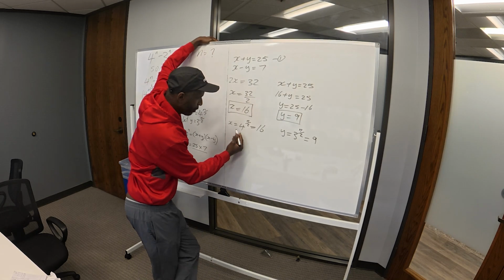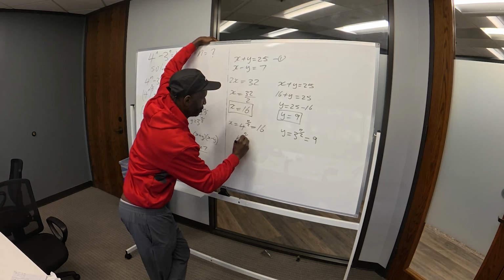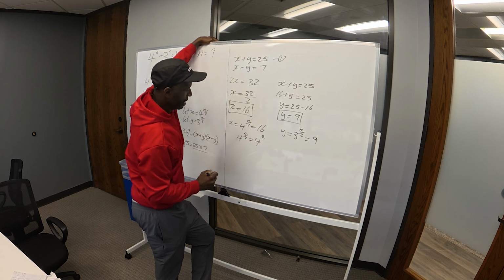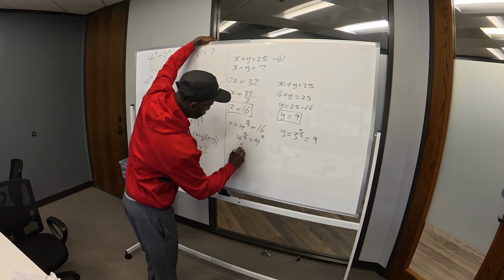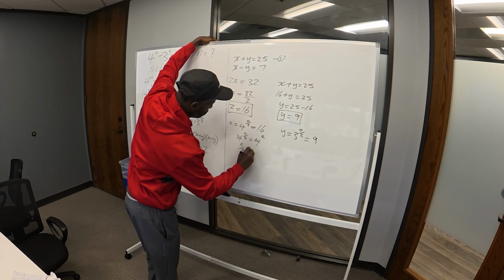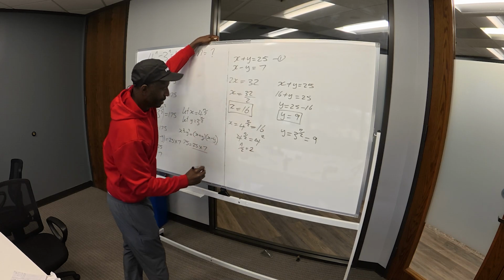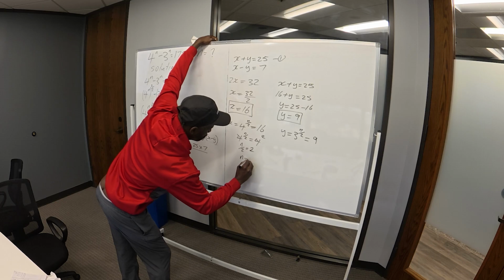So here we can rewrite this as 4^(n/2) is equal to 4 squared. Since we have the same base, we have n/2 is equal to 2. Therefore, n is equal to 2 times 2, which is 4.